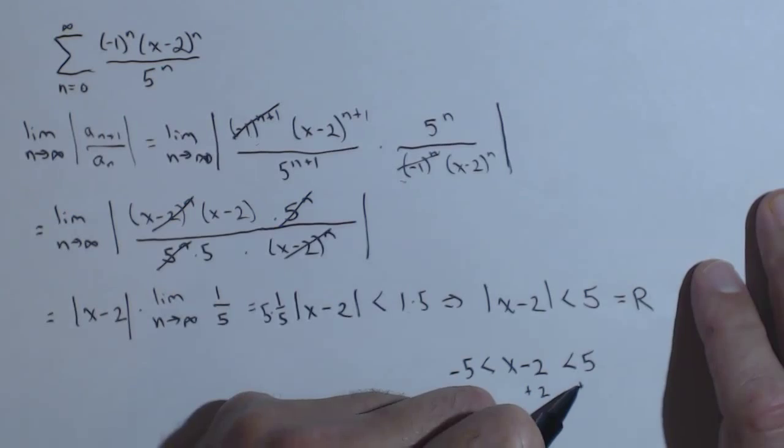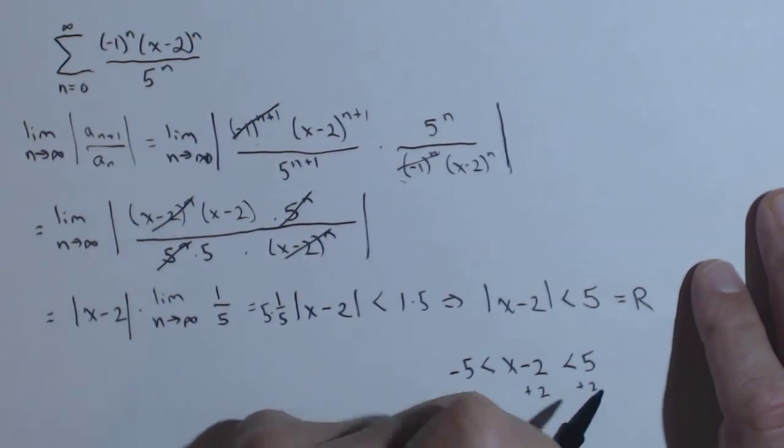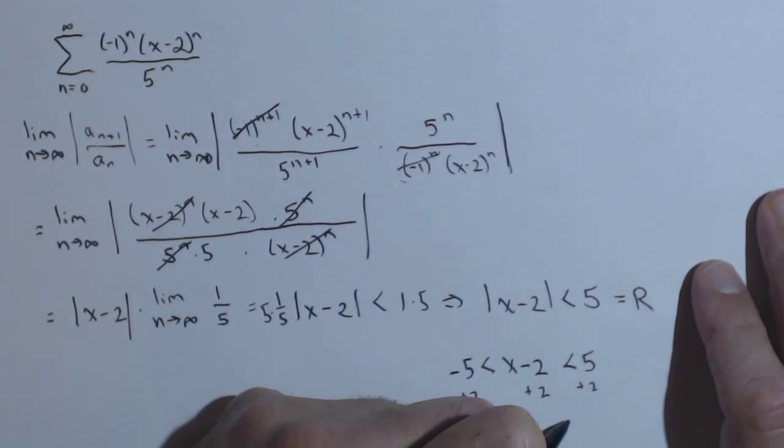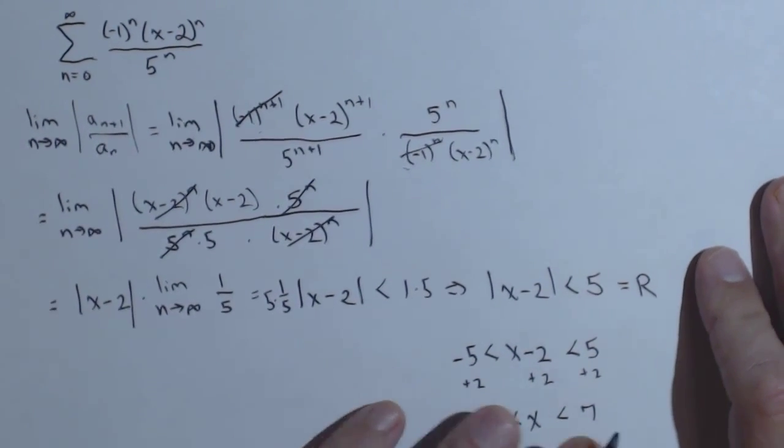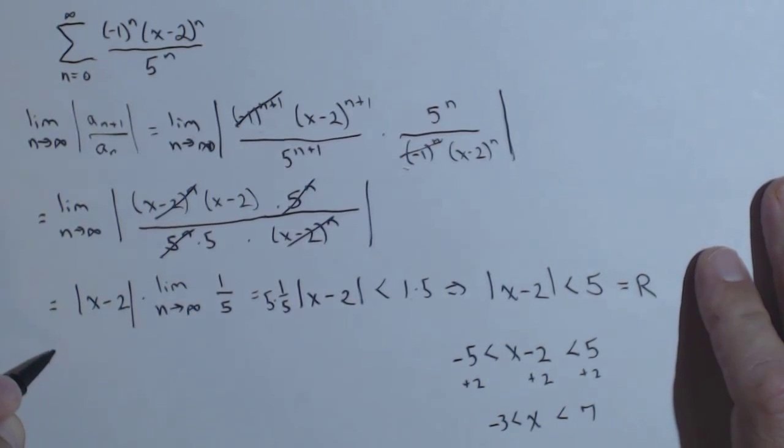So we're going to add 2 to each of these. And that gives us that x has to sit in between negative 3 and 7. So there are our endpoints, and we're in really good shape. The only thing we have to decide is, should we include our endpoints? So we must check our endpoints.